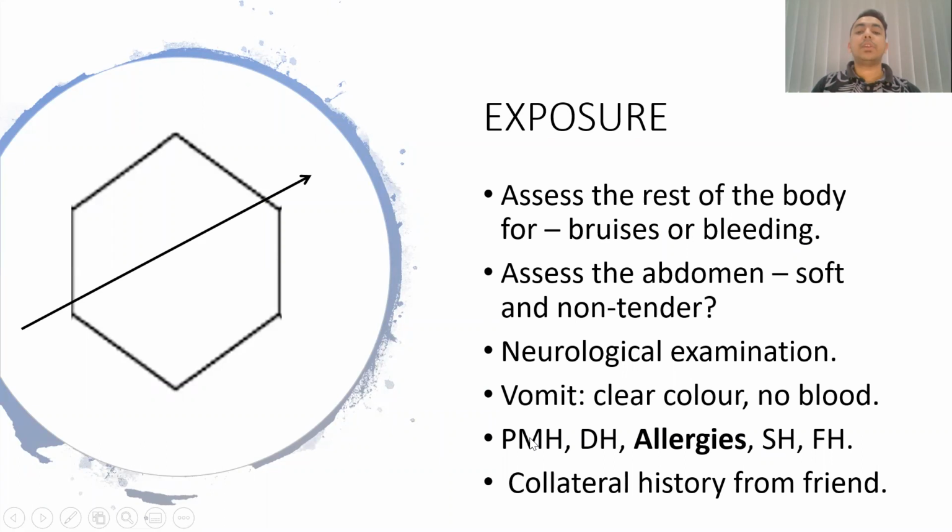Past medical history, you need to ask about that, and then drug histories and allergies, which is very important to ask for, because according to that, we will then be providing the medications, social history and family history. And then you take a collateral history from the friend. If the patient is not in a state to answer any of the questions, you would want to ask everything to the friend or any relatives that are present with the patient.